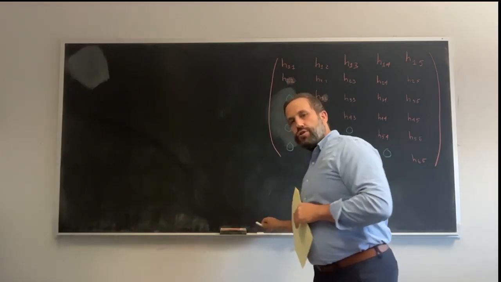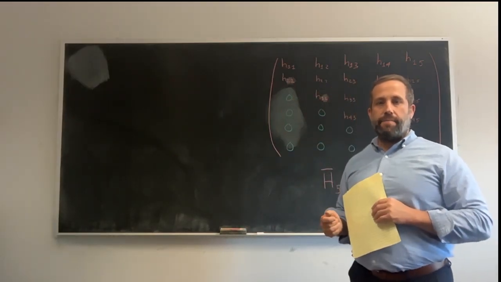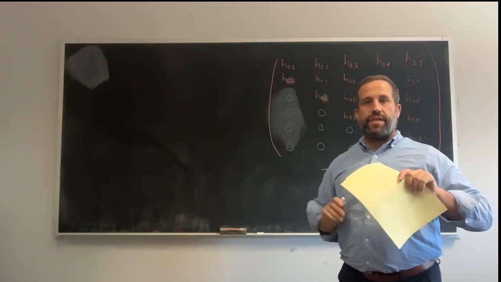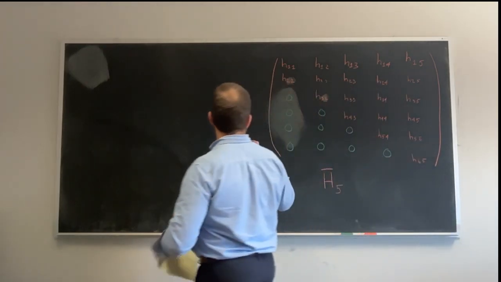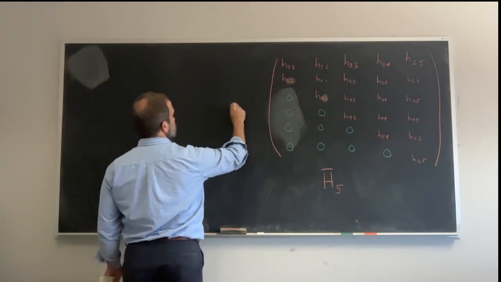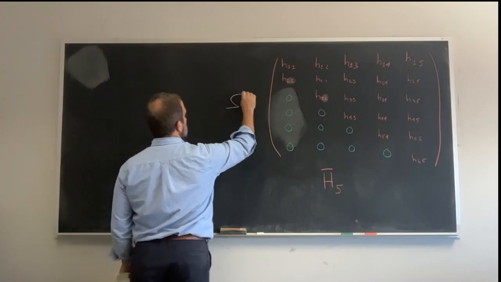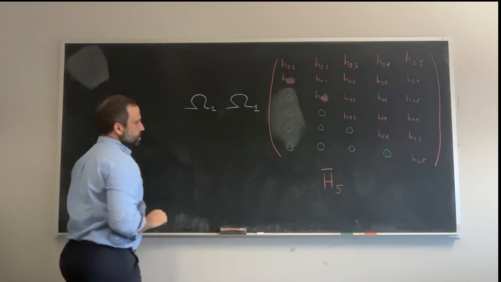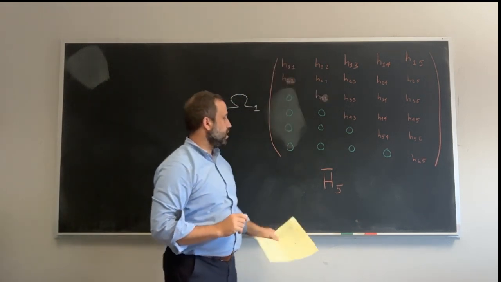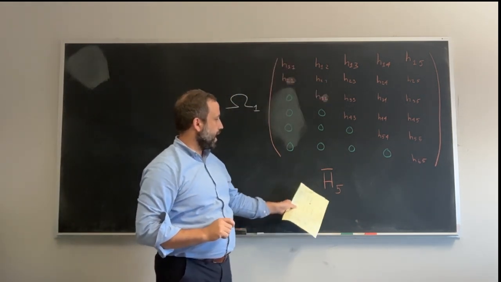So we're going to do a succession of matrix products. We're going to multiply this by a succession of matrices. I'm going to call them, the first one is going to be omega 1, omega 2, omega 3, omega 4, omega 5. Let me just remind you that this matrix right here would be a Hessenberg H5 matrix.